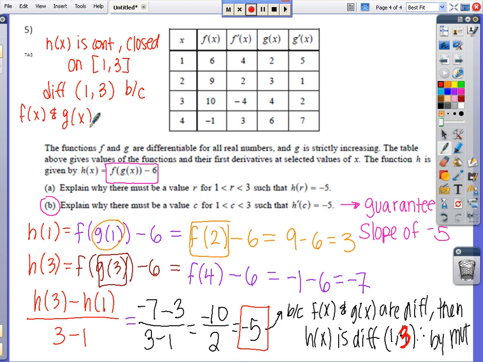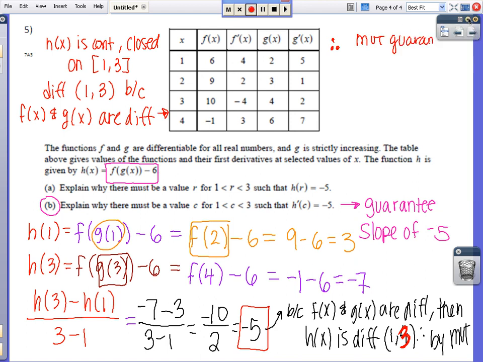Therefore, MVT guarantees that h of 3 minus h of 1 over 3 minus 1, which is negative 5, will be h prime of c within the open interval of 1 to 3. So that would be what I would write as my answer, and then my reasoning is all underneath also.